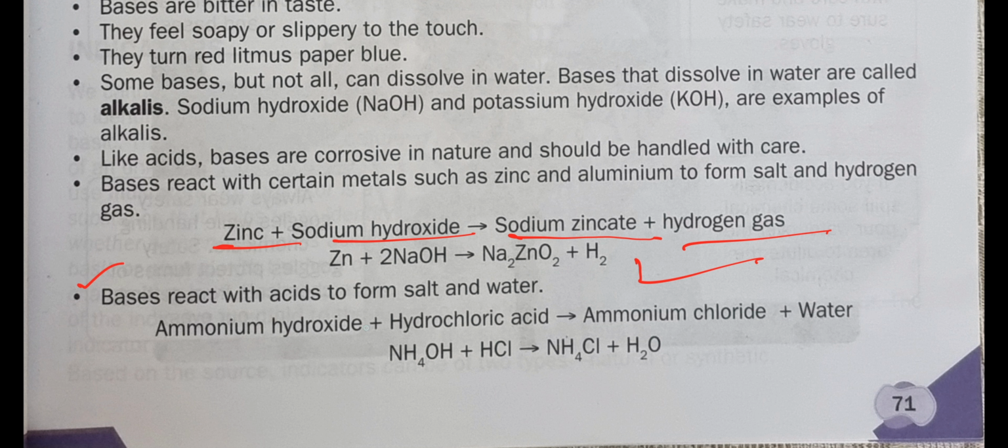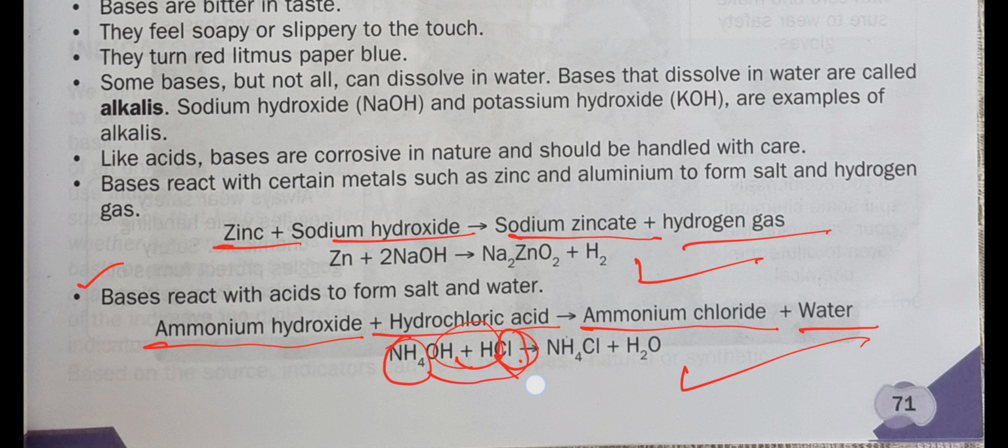Bases react with acids to form salt and water. So ammonium hydroxide base reacted with hydrochloric acid, forming ammonium chloride and water. This is the reaction. NH4OH plus HCl forms NH4Cl. This reacted with this, and HOH is here, forming water.